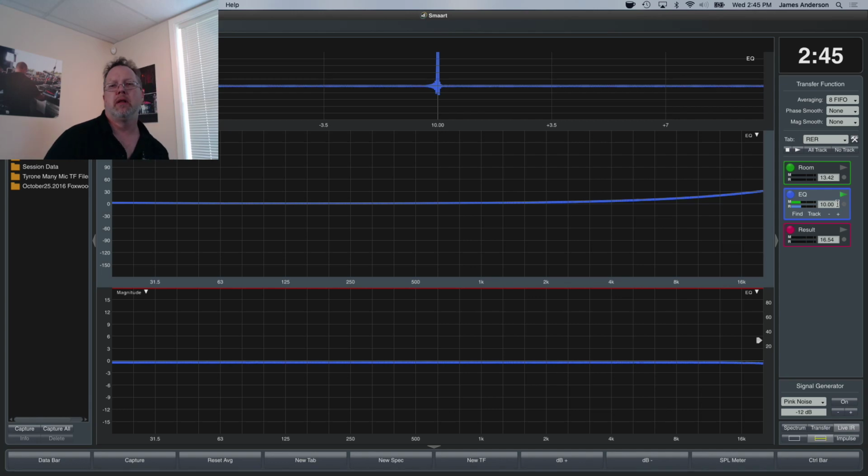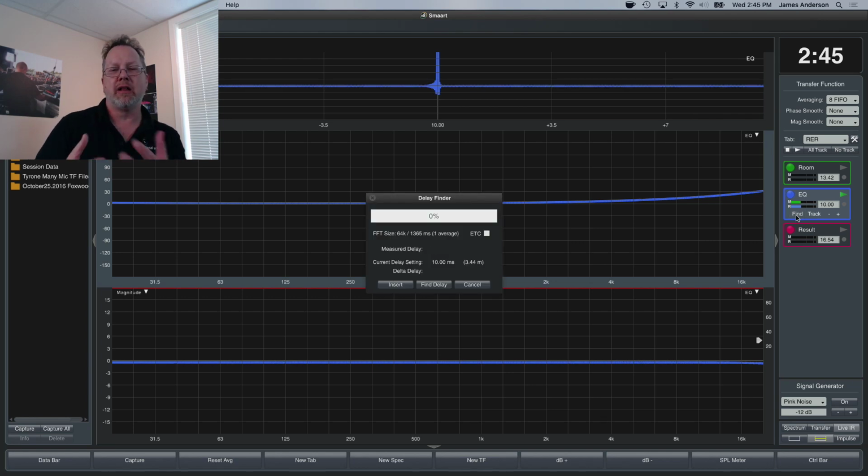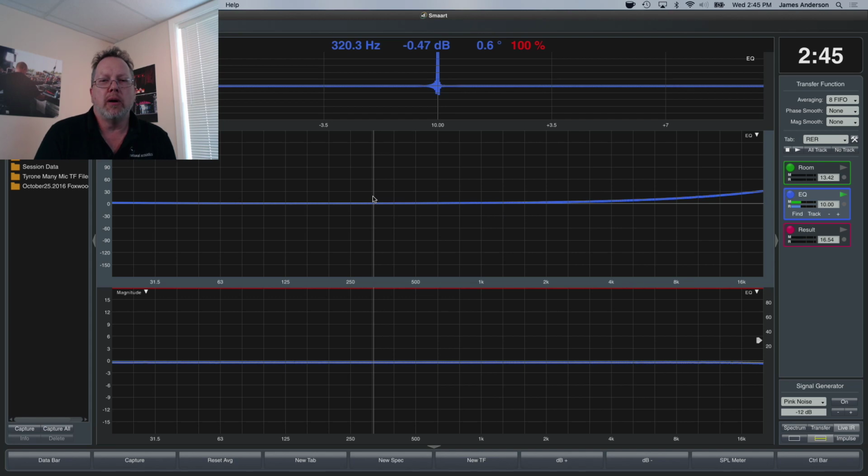Boom. There we go. And so I nailed it. So if I came over here and I hit find, measure the delay through the system, you notice that the delay time I come up with is 10 milliseconds, of course, because that's what the phase response is saying. And so in this case, I was timing one system, making sure the output of the system was arriving at 10 milliseconds right there.